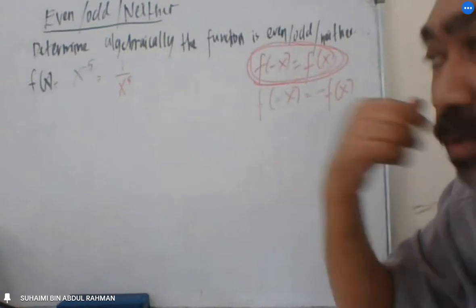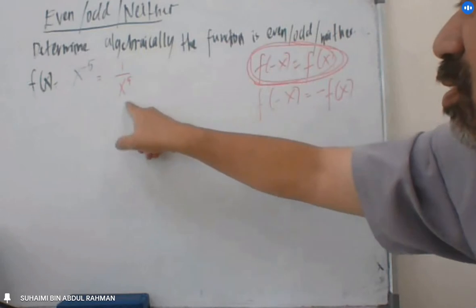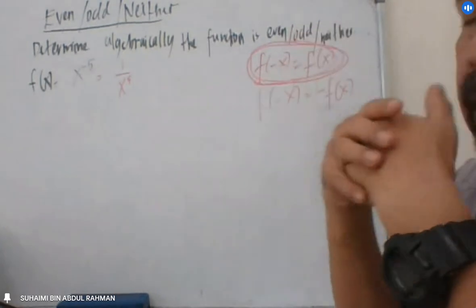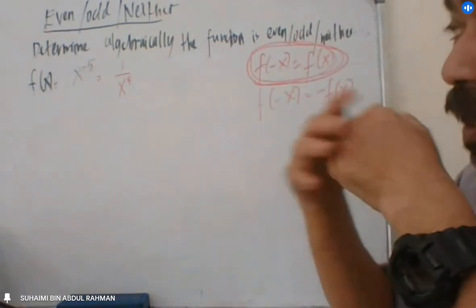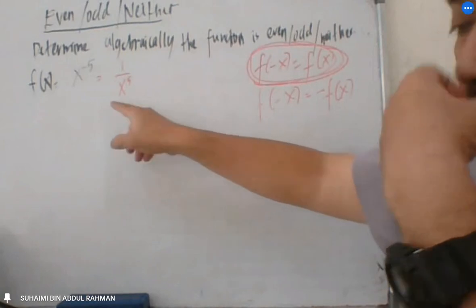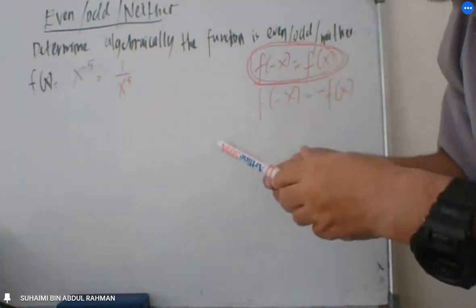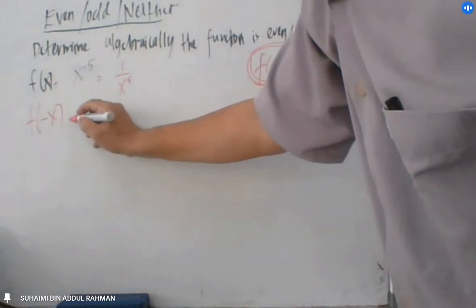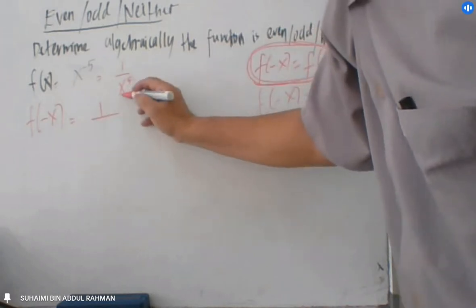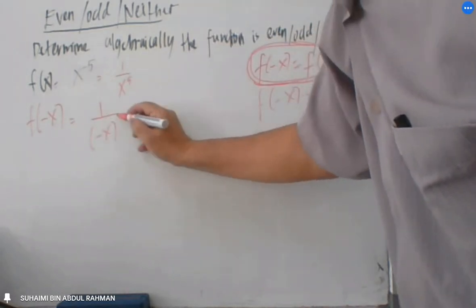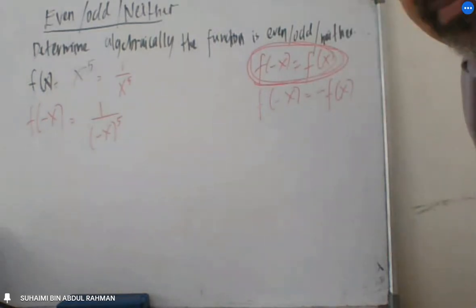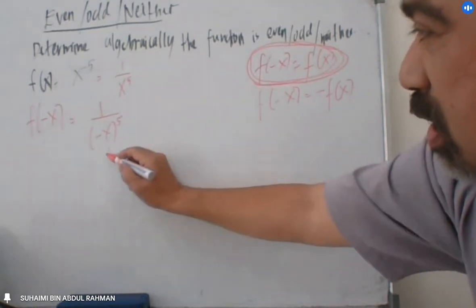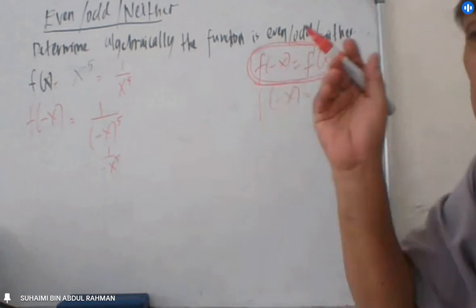Now, if given x to the power of minus 5 equal to 1 over x to the power of 5, not many of you are blur, right? Okay, now we substitute. f of minus x is 1 over, in the place of x, change into minus x to the power of 5, which is equal to 1 over minus x to the power of 5.